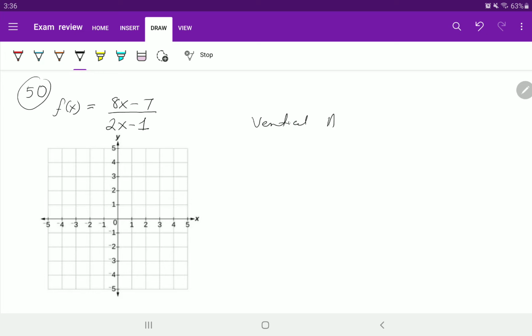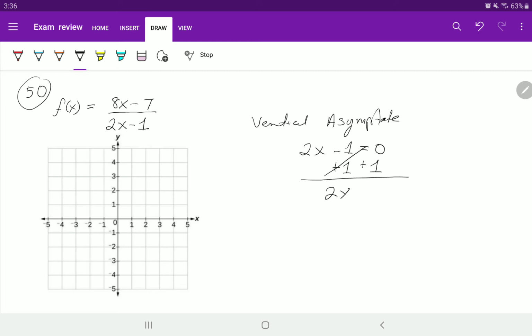To find the vertical asymptote, you're going to take your denominator, set it equal to 0, and solve for x. My denominator in this case is 2x minus 1. So 2x minus 1 equals 0. To solve for x, we add 1 to both sides.